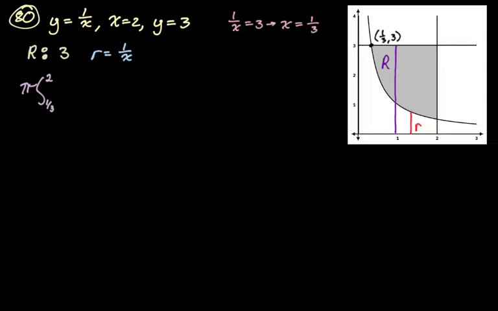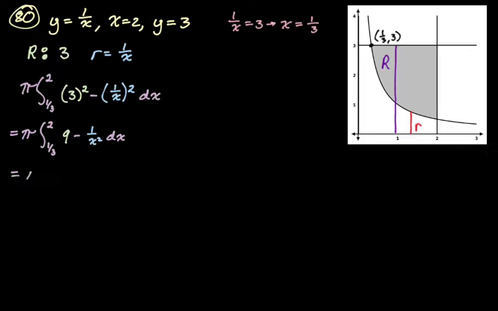And then big R squared, so 3 squared, minus little r squared, so minus 1 over x squared, and then a dx. We're going to simplify the integrand, which gives us pi, integral from 1/3 to 2, of 9 minus 1 over x squared dx. Might be easier in your mind to think of 1 over x squared as x to the negative second for the purposes of finding the antiderivative.